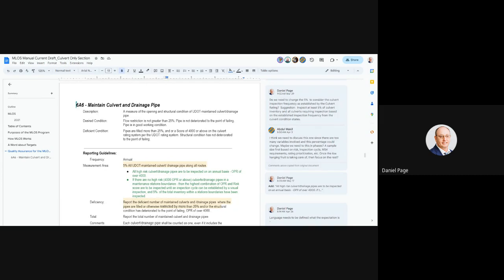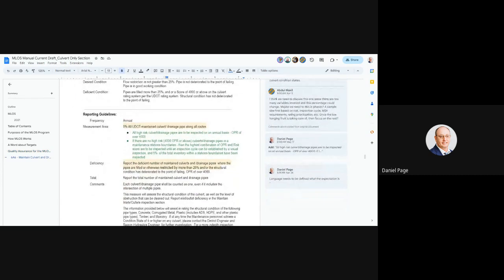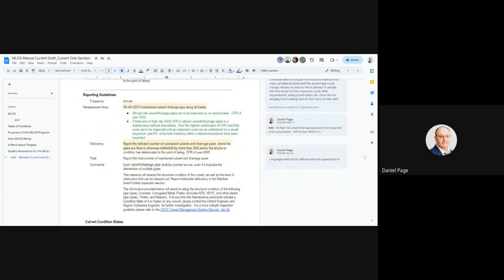The one thing I'd like to discuss is this area right here, the requested maintenance frequency and the number of inspections they want to perform. We've heard some really good conversation about 5% today. Rudy, you mentioned that if you go out and do 5% of the culverts, you're talking several hundreds of thousands of dollars.